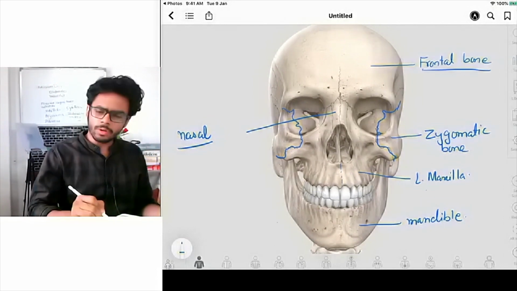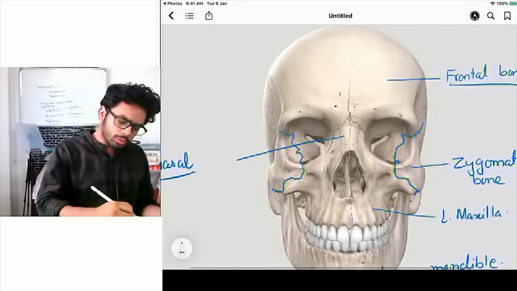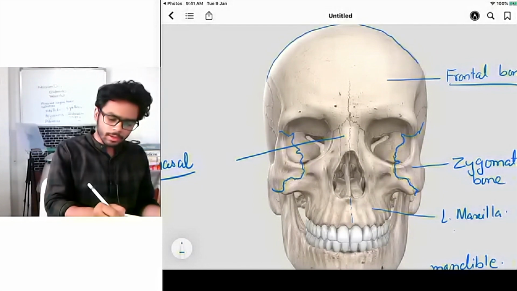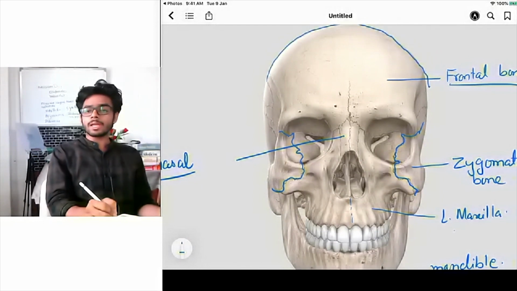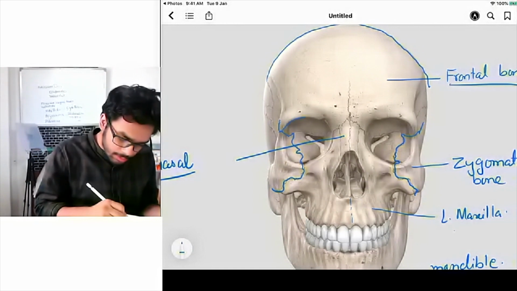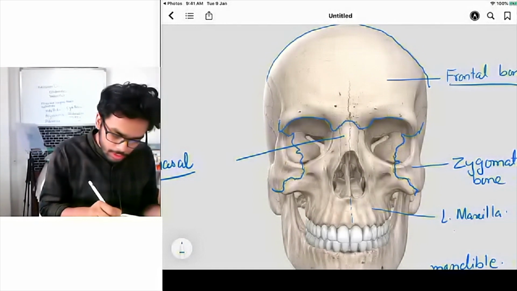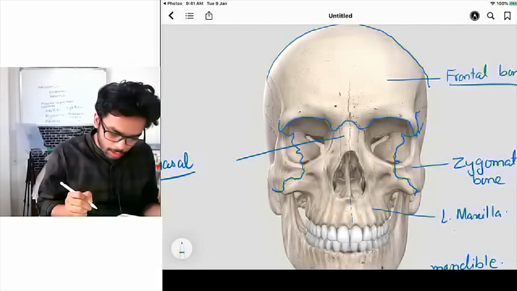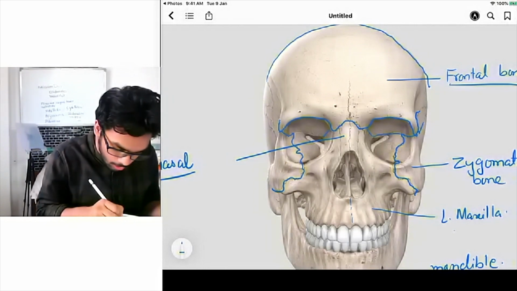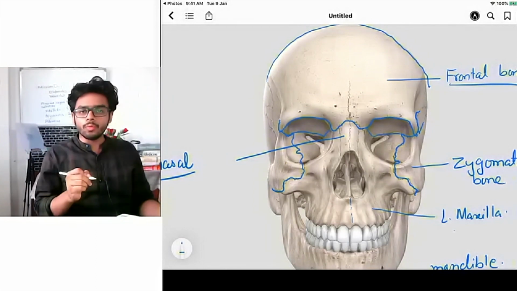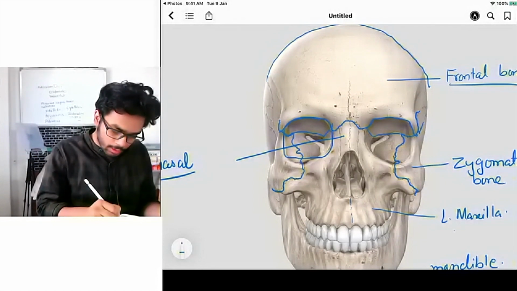When you look at the frontal bone, it is smooth and convex on the upper side, but on the lower side it is a bit irregular. Can you see the irregularity of the frontal bone? This is the part of the frontal bone which forms the roof of the orbit.